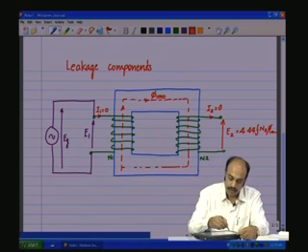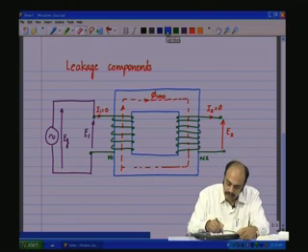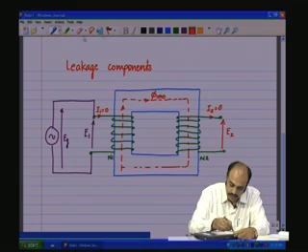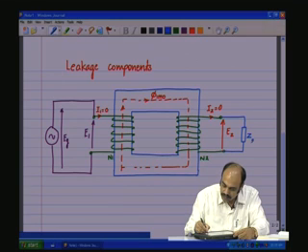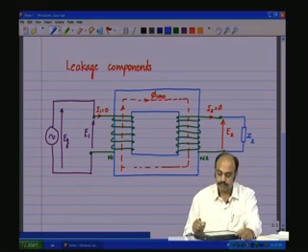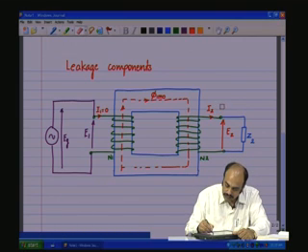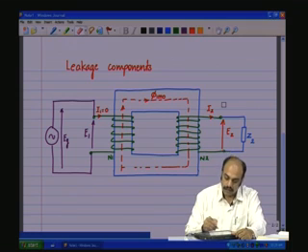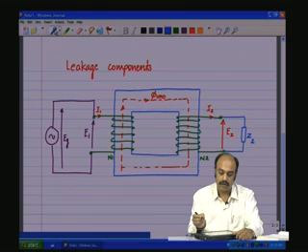and let us see what happens. So, first let us introduce a load. So, let me now introduce a load on the secondary side. Now, because a load Z2 on the secondary side has been introduced, there is going to be a secondary current which is not 0, and as a consequence there is also going to be a primary current which is not 0.